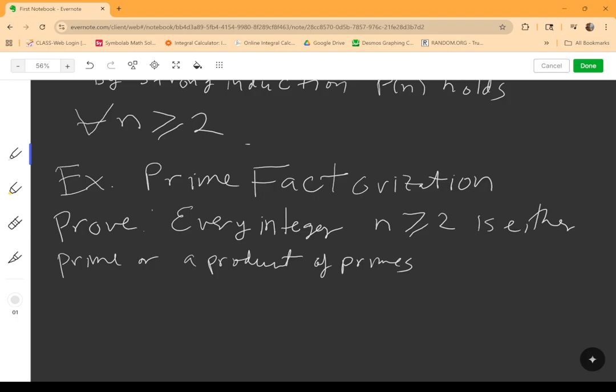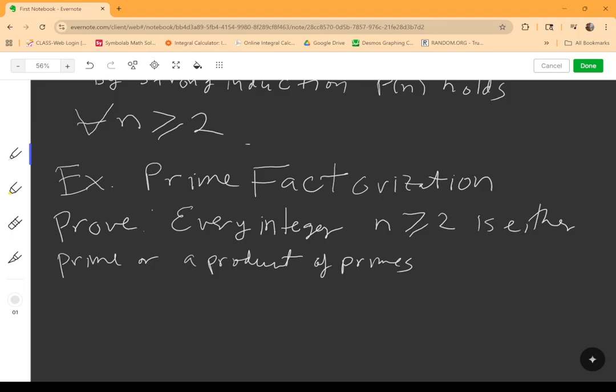So again, strong induction, because whatever K I am at along the way, I want to use the fact that all previous ones are true as well.